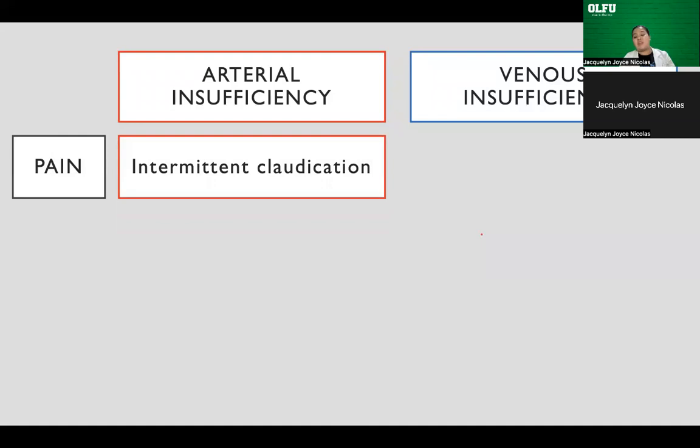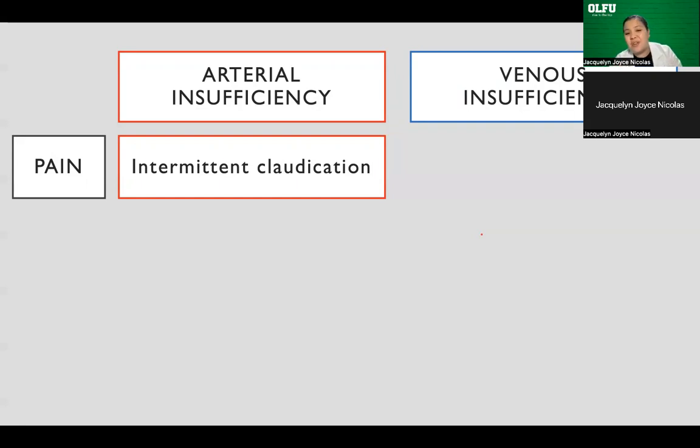There is muscle pain on the lower extremities. Okay. However, when you stop and rest, the pain is gone. So in short, the pain is only associated for any muscular actions. Okay, skeletal muscle action. Okay? So yun, that's intermittent claudication.